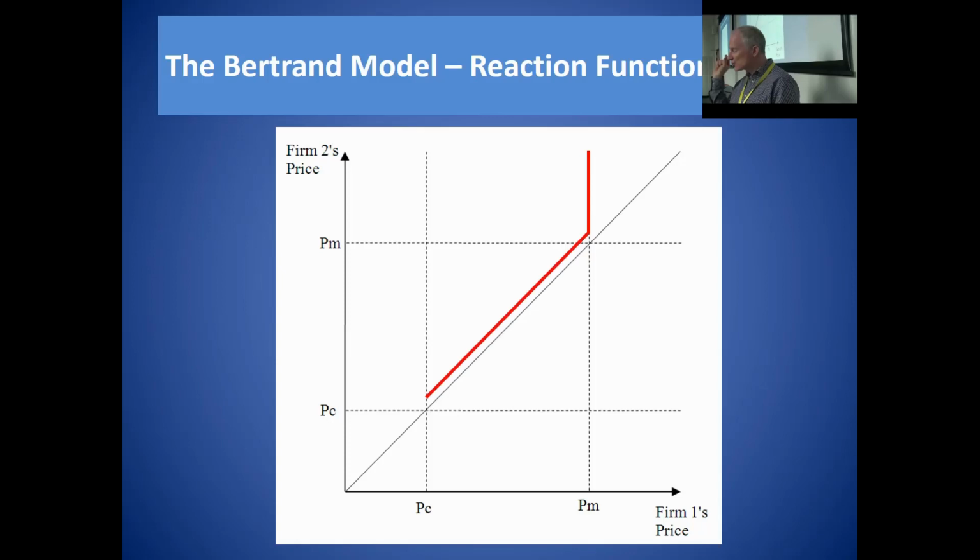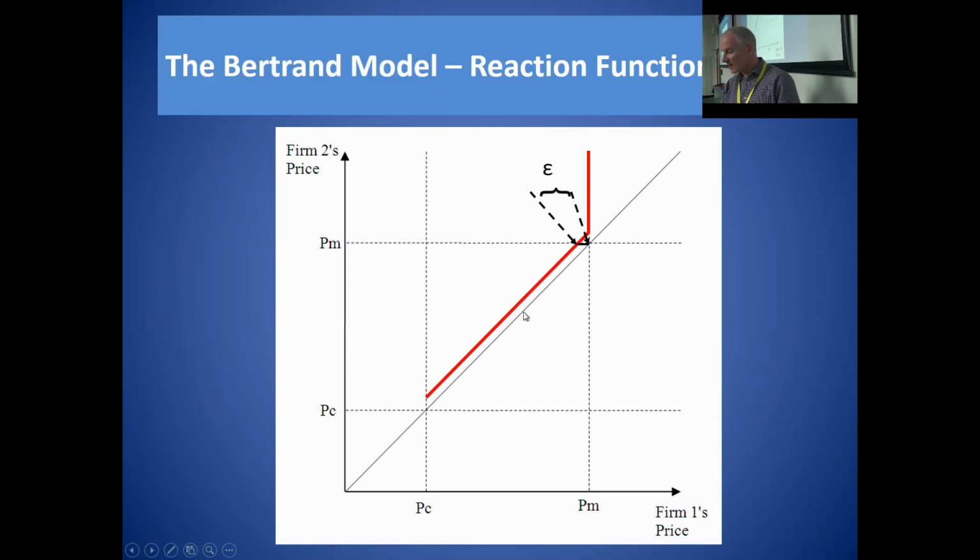It wants to charge just that little bit less. So the distance, I'll just put it there so you can see it, that distance between the 45-degree line and the best response line, that's just a very, we'll call it epsilon, but that is just a very, very small price differential. So rather than charging a price of PM, firm 1 charges just less than PM.